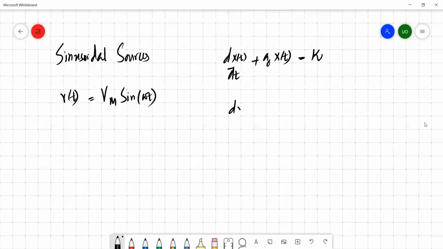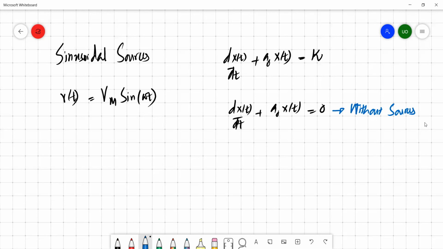These two cases we already discussed. A naught x(t) equals 0 means that for this particular case we don't have sources. So this is without sources.